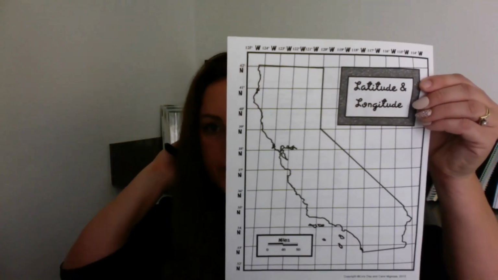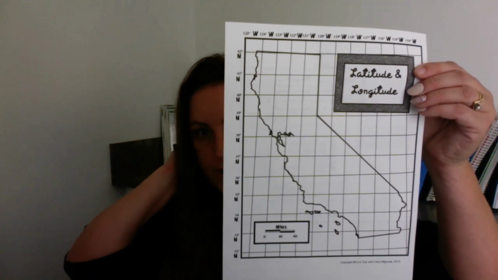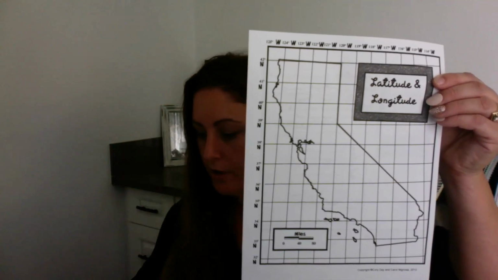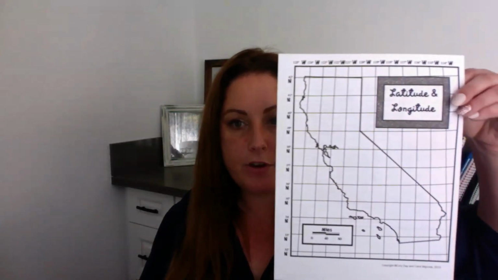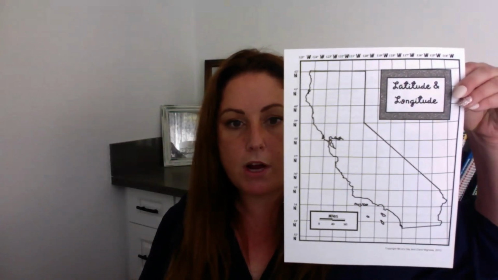Now I've created a video for you on how to figure out the latitude and longitude. So you are going to use Google Maps, and you're going to type in the name of your city and drop a pin, and then it'll give you the latitude and longitude. If you're still trying to figure this out, go ahead and watch the video for latitude and longitude. All right, that's step number 2.